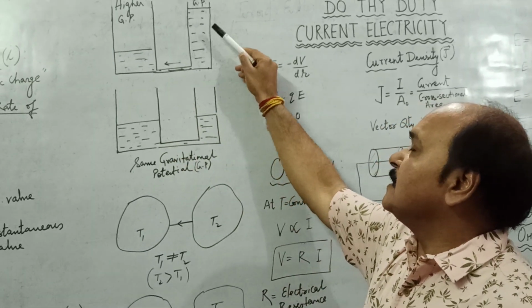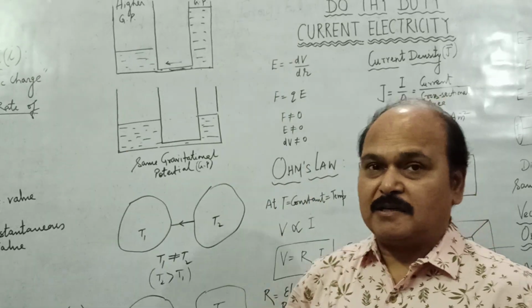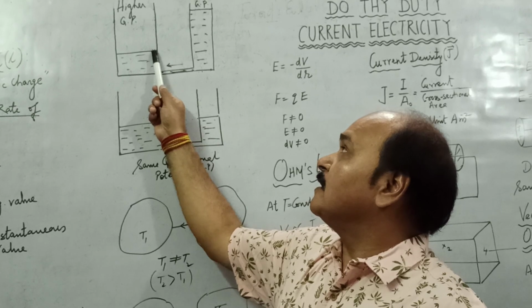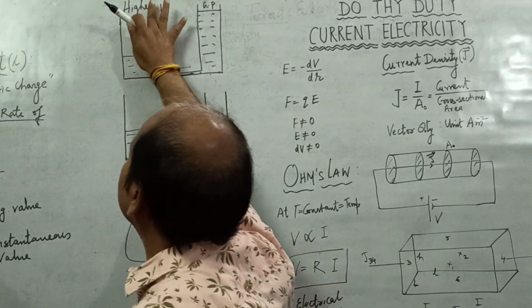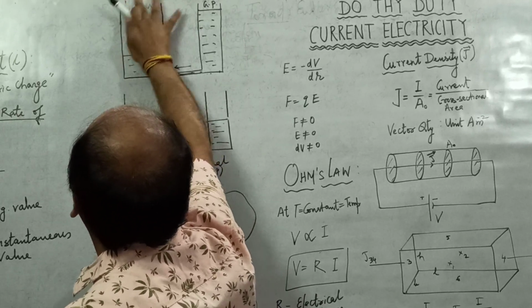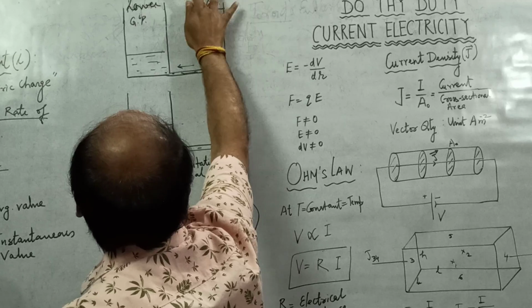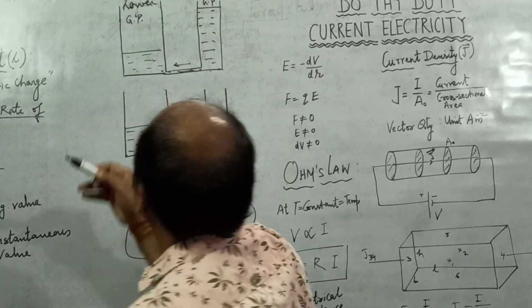This container which has a higher level of liquid has higher gravitational potential, and this container which has a lower level of liquid has lower gravitational potential.